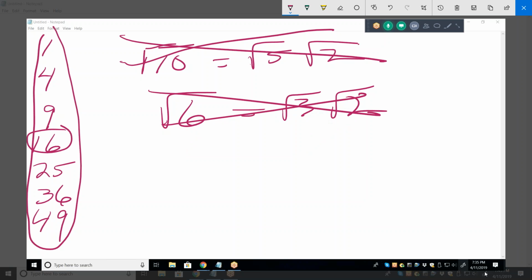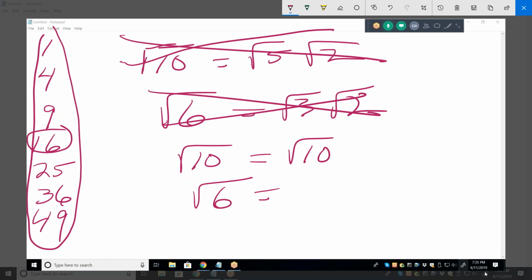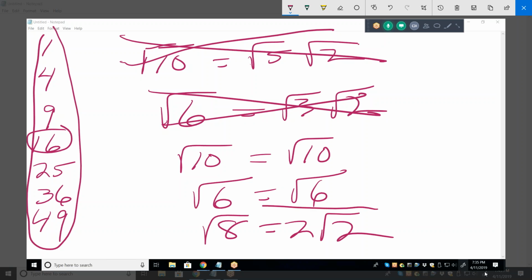In other words, when you run across a root 10, it simplifies to root 10. When you run across a root 6, it simplifies to root 6. When you run across a root 8, it simplifies to 2 root 2. This one simplifies. The other two do not.